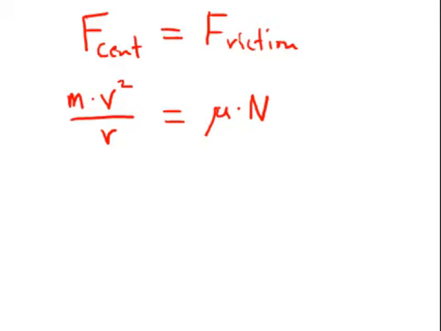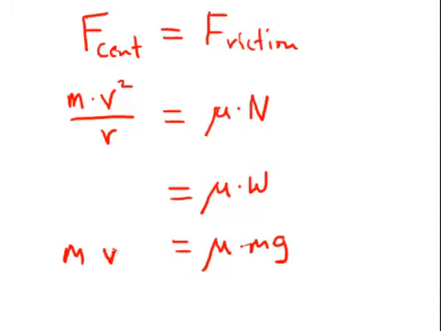In this example, the normal force is exactly equal to the weight, so mu times weight, and the formula for weight is mg. Overall we have mv squared over r equal to the coefficient of friction times mass times gravity.